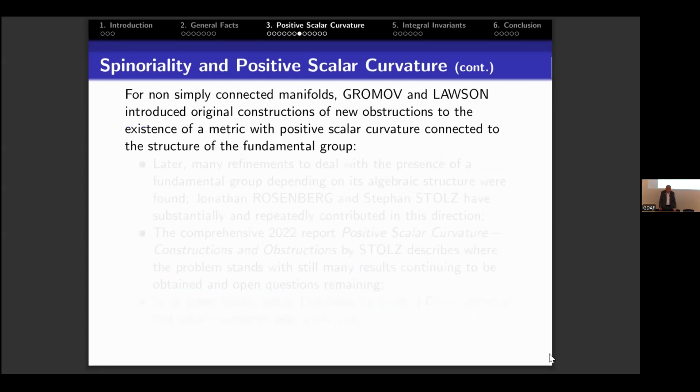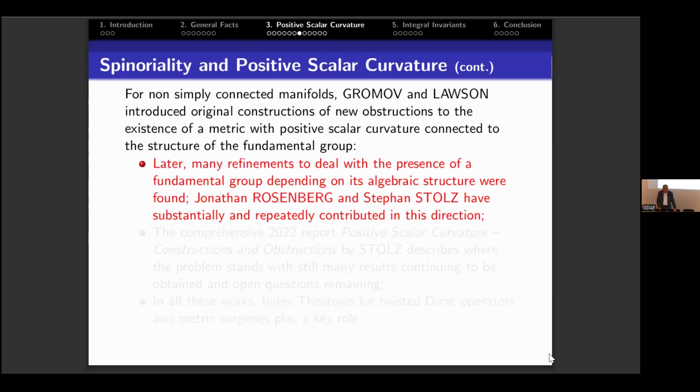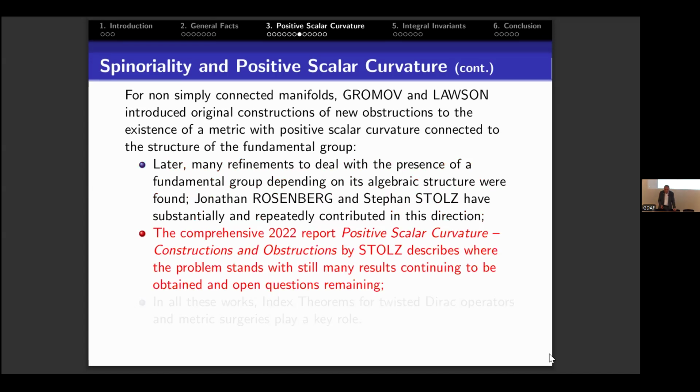And for non-simply connected manifolds, there is again some work of Gromov and Lawson, who introduced original constructions of obstructions to the existence of metrics with positive scalar curvature, connected to the structure of the fundamental group. There have been many refinements given by Jonathan Rosenberg and Stefan Stolz, which continued to this day.